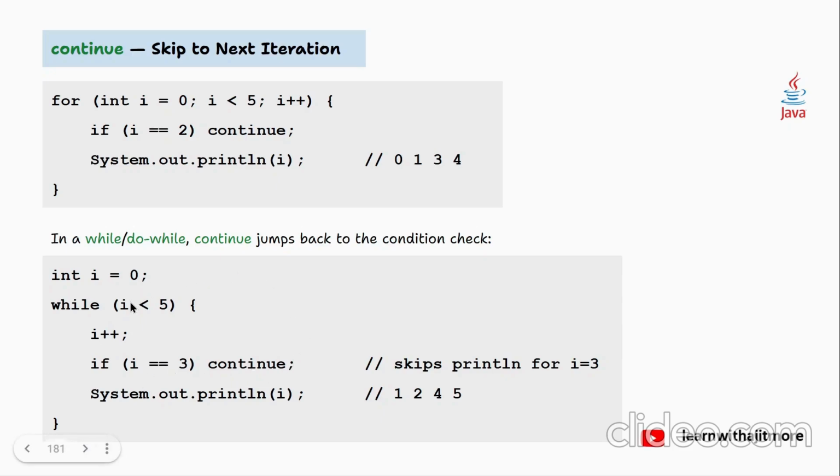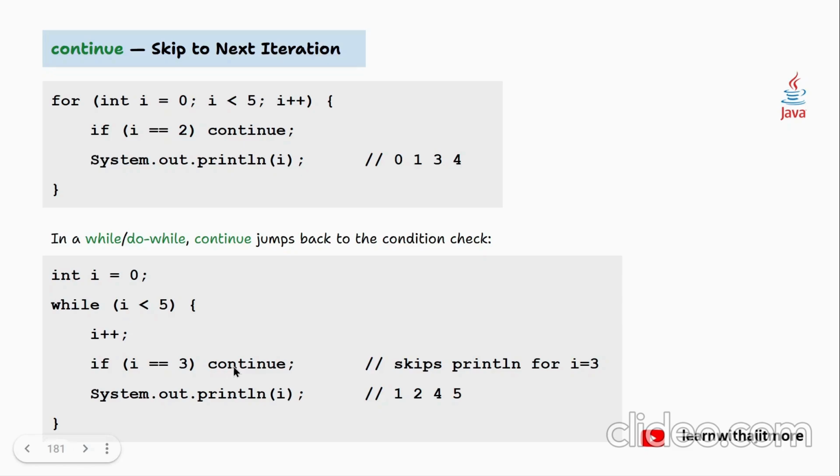Continue. Continue comes directly here. It will not print 3. Directly come here. Is 3 less than 5? Yes. I plus plus, 4. Is 4 equal to 3? No. Print 4. Again, 4 less than 5? Yes. Make it 5. Is 5 equal to 3? No. Print 5. Is 5 less than 5? No. Loop is stopped. So is it printing from 1 to 5 except 3?